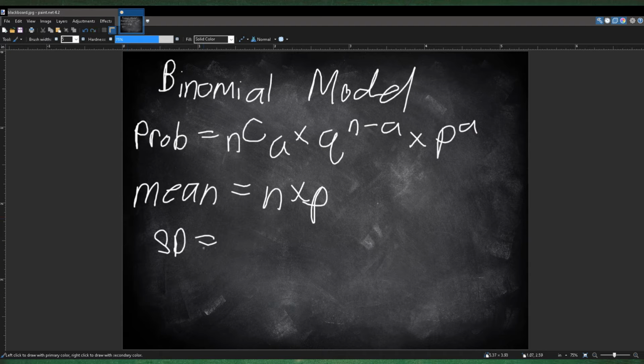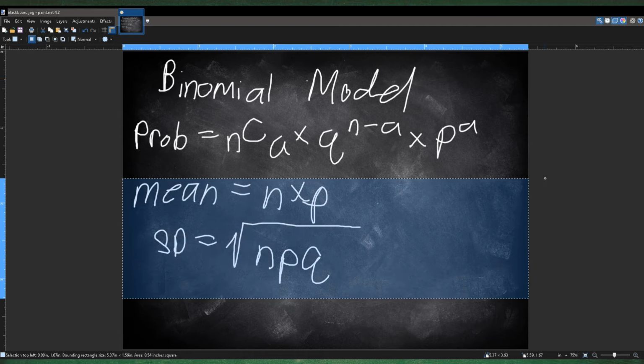The standard deviation for the binomial model is just the square root of n times p times q. It's that simple. So it's n, the number of trials, times p, the probability you want, times q, the probability that is not p. That's how you calculate it.